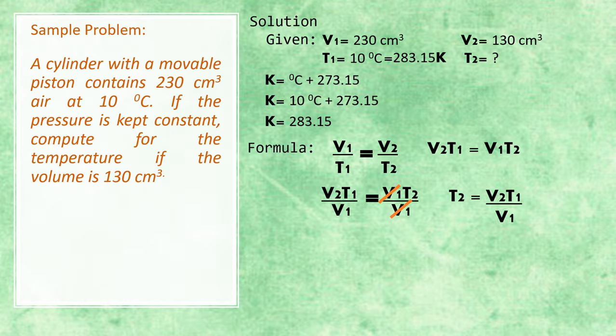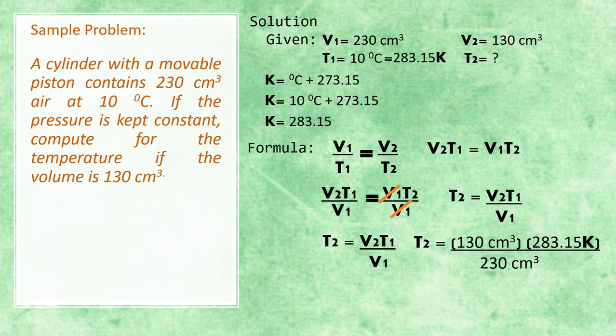The derived formula is final temperature is equal to final volume times initial temperature over initial volume. Let us now substitute all the given. Final temperature is equal to 130 cubic centimeter times 283.15 Kelvin over 230 cubic centimeter.